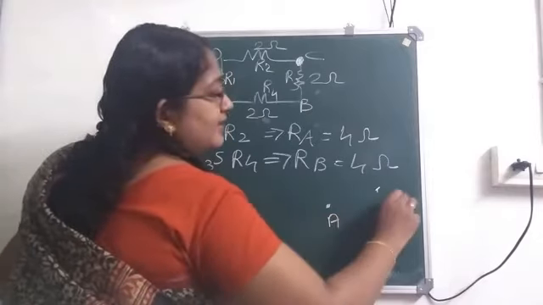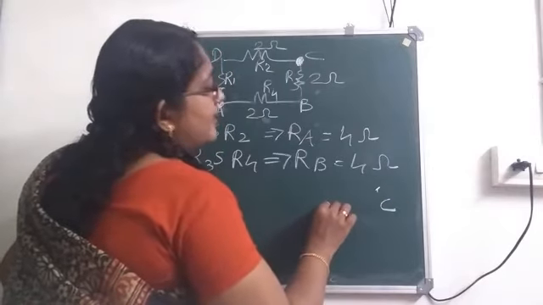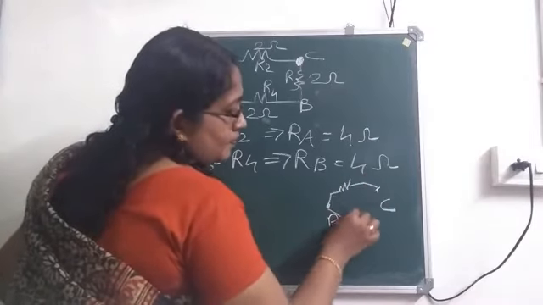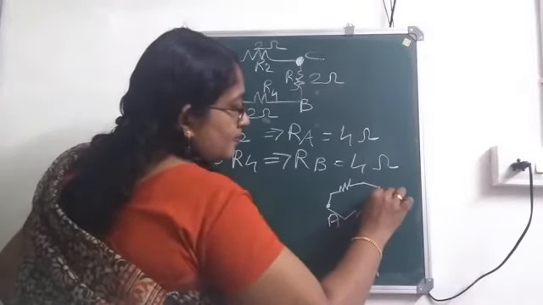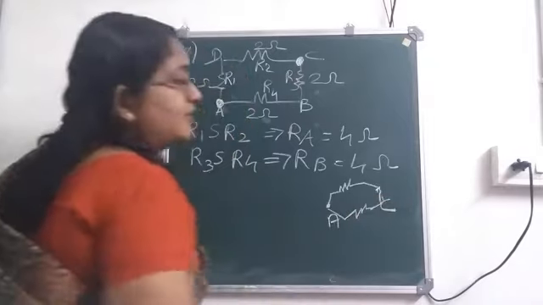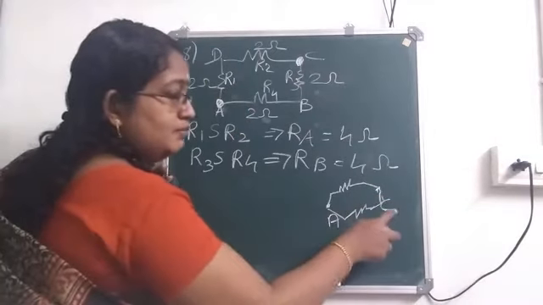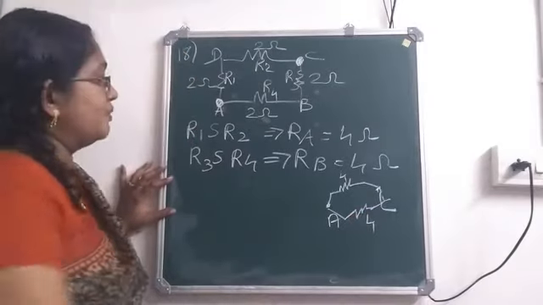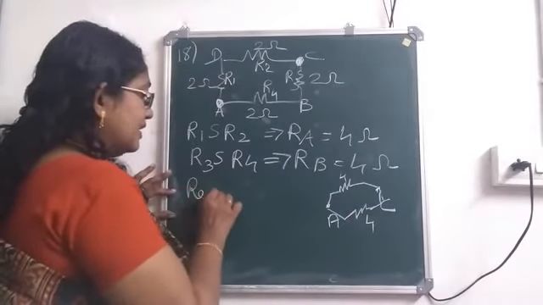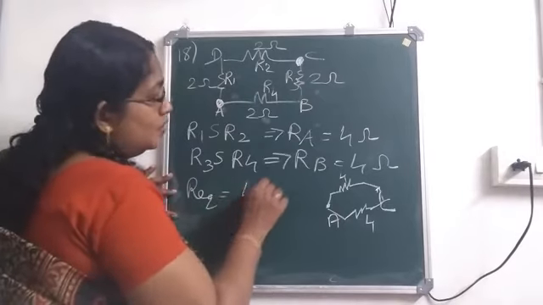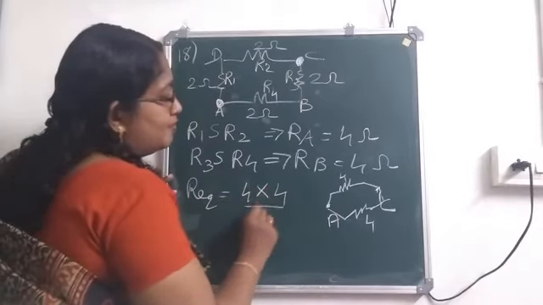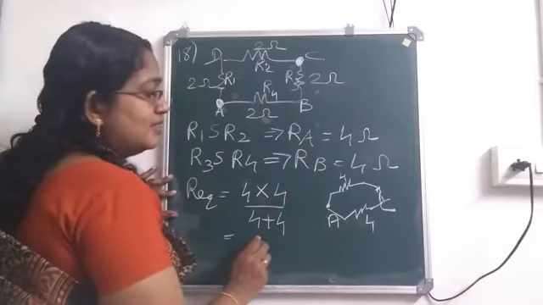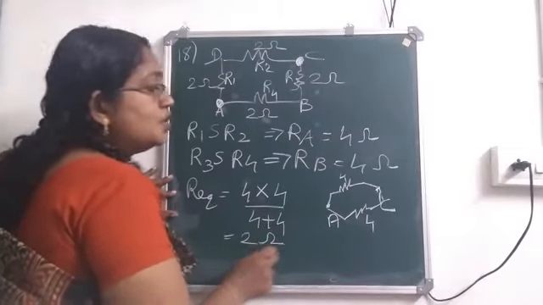This is A, this is C. It will come like this. Here it is 4 ohm. Here also it is 4 ohm. So our R equivalent will be equal to 4 into 4 by 4 plus 4. 4 into 4 is 16. 16 by 8, which is equal to 2 ohm.